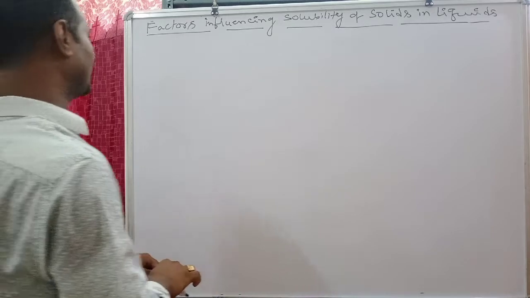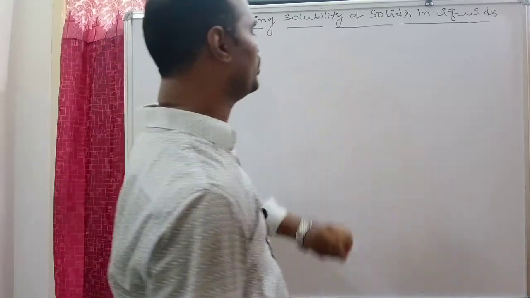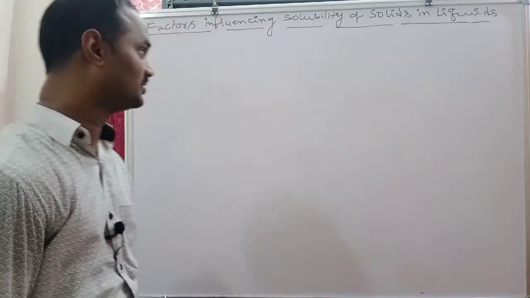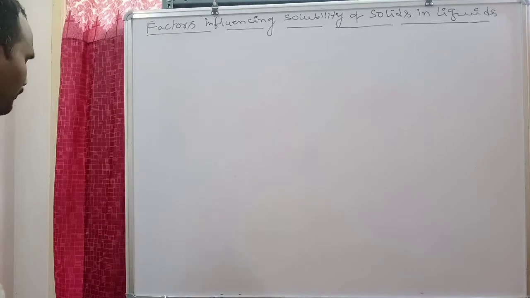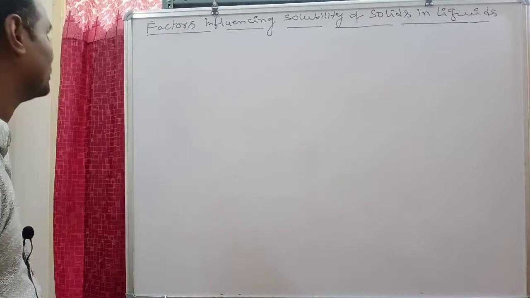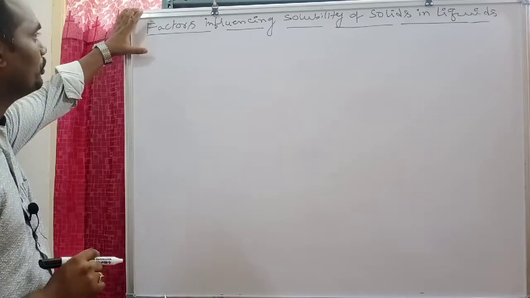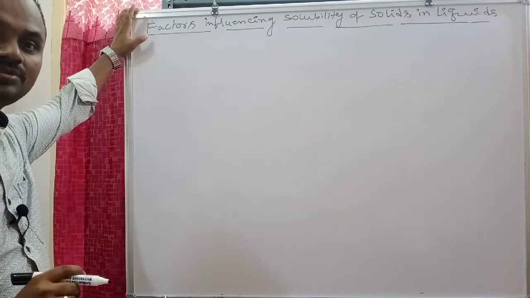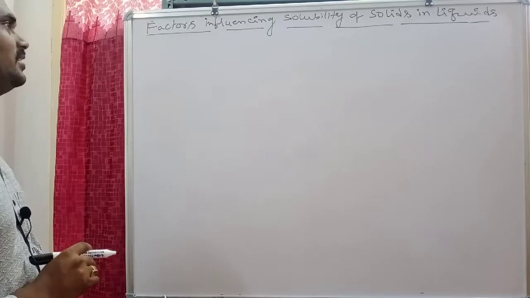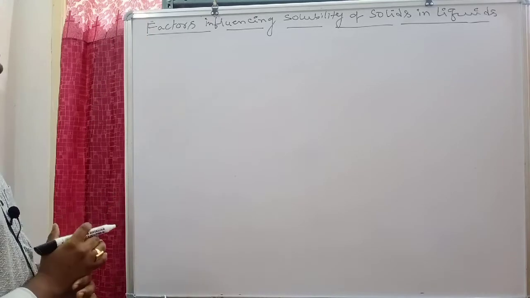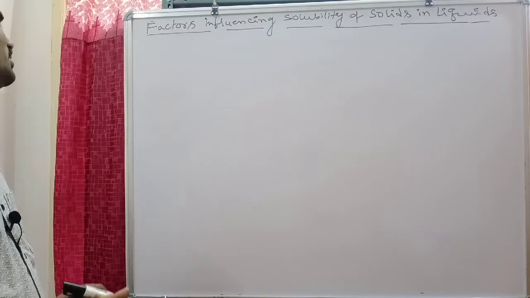Now we are going to discuss the factors influencing the solubility of solids in liquids. What are the factors in this concept? One is temperature, then pressure, nature of solute, and nature of solvent. How these factors affect solubility we are going to see.